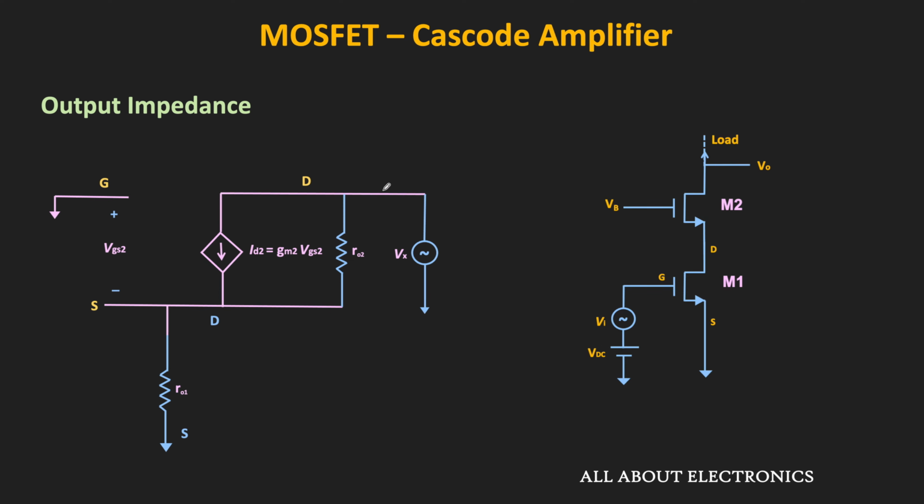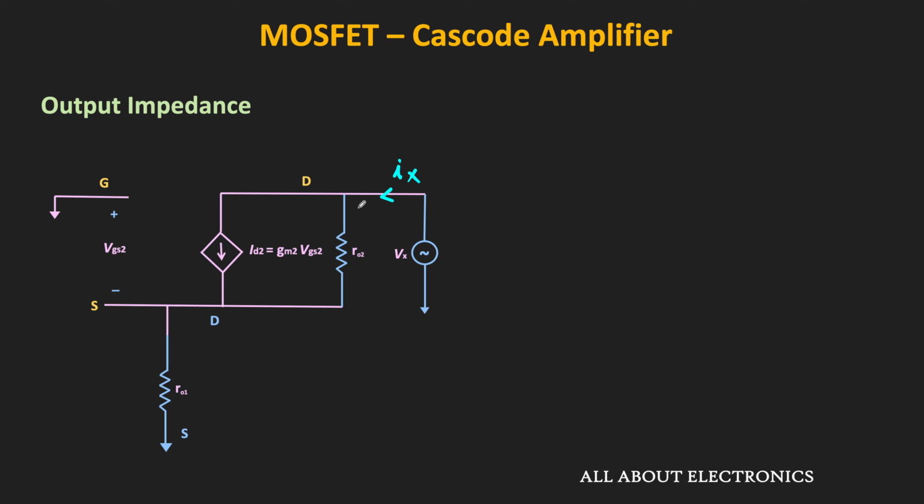Let's say this current is equal to Ix. The current entering the drain terminal is Ix, and the same current should leave through the source terminal of the first MOSFET. That means the same current also enters this drain terminal, so the current through R01 is equal to Ix.